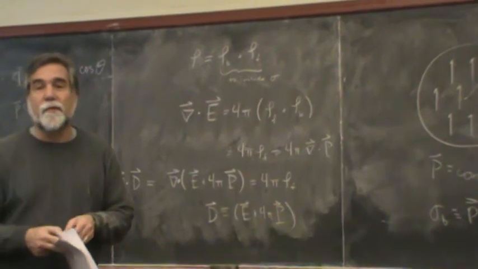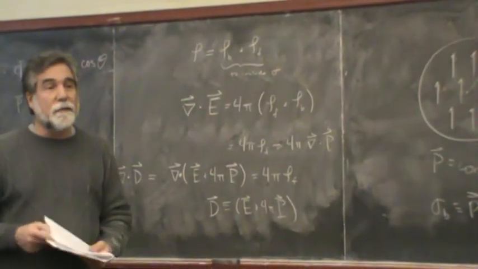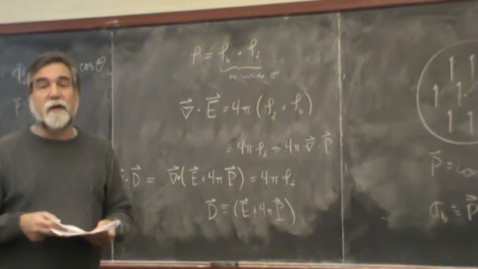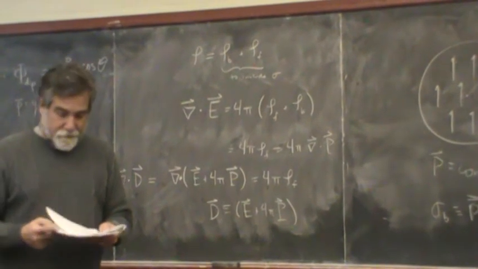We don't have to worry about whether there's a dielectric in there or not. But we do have to ask, are we dealing with free charge or are we dealing with bound charge?